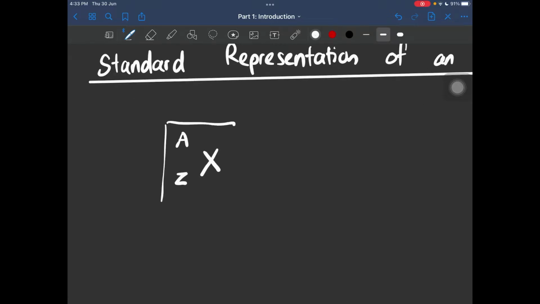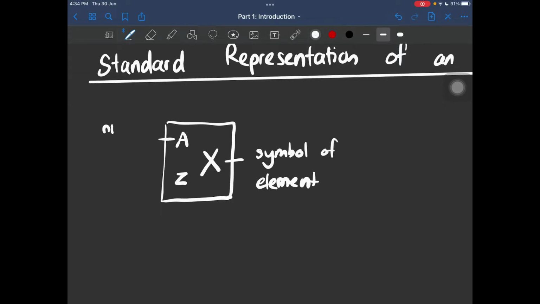So this is how you would draw the standard representation of an atom. You have the symbol of the element, and then you have the nucleon number, and also the atomic number or the proton number, right?